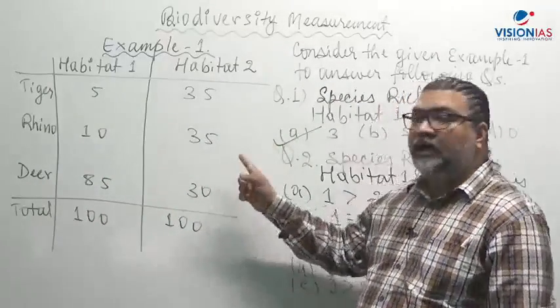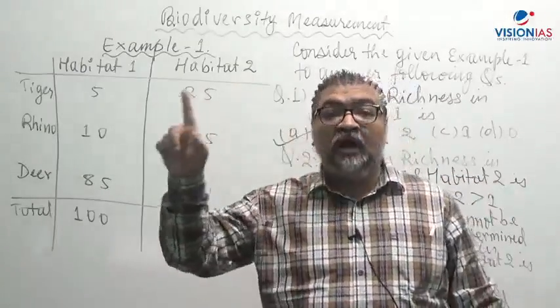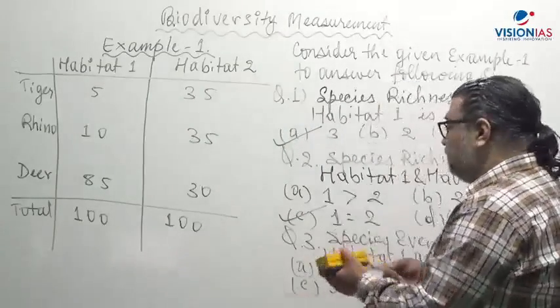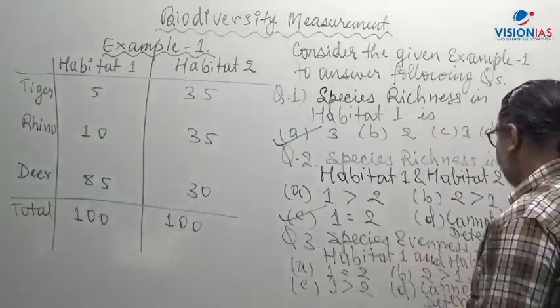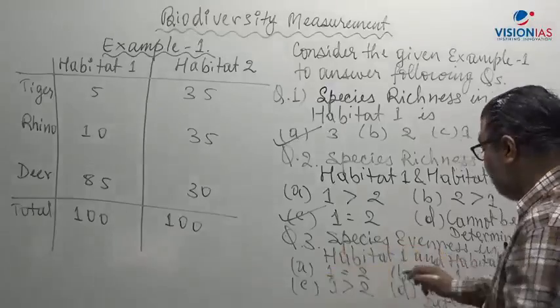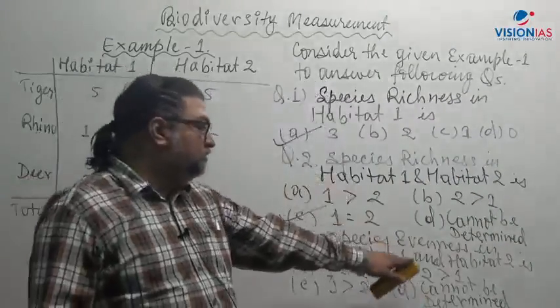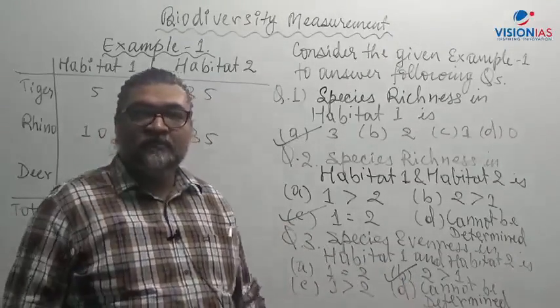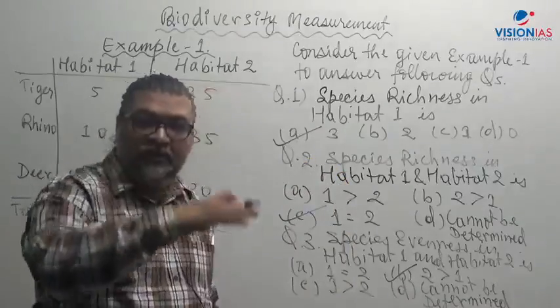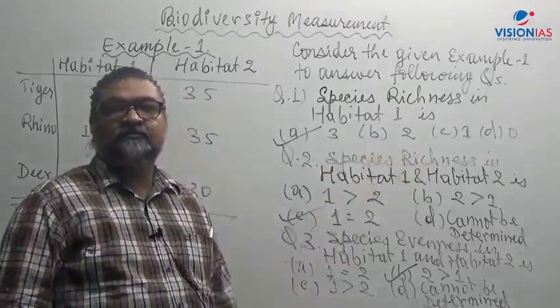So habitat 2 has got higher evenness as compared to habitat 1. So here the answer to question number 3, the species evenness in habitat 1 and habitat 2, will be B. B for Bombay. B for Banaras. Right? 2 is greater than 1. 2 has got higher evenness, equal distribution, proportionate representation as compared to habitat 1.